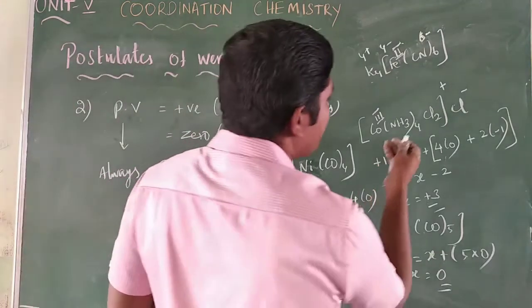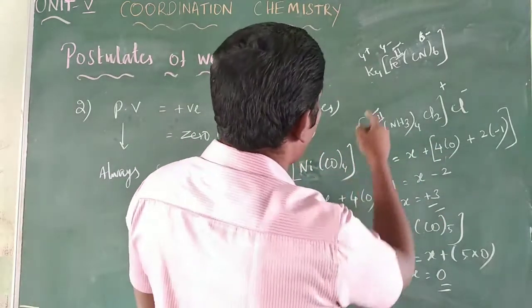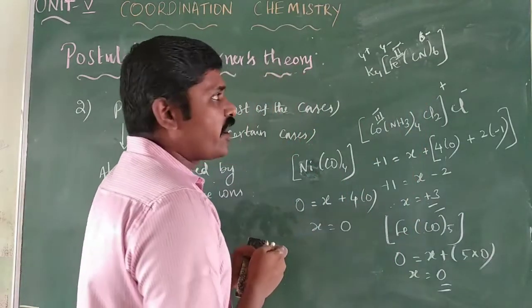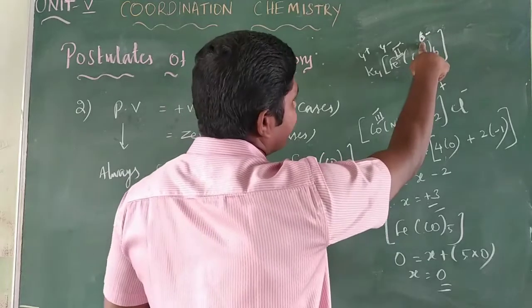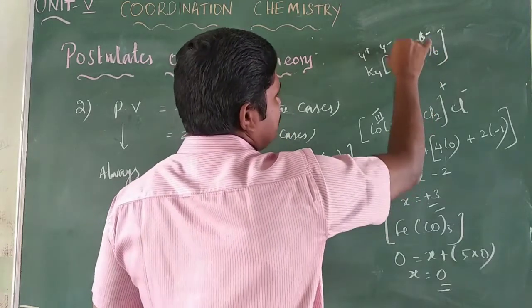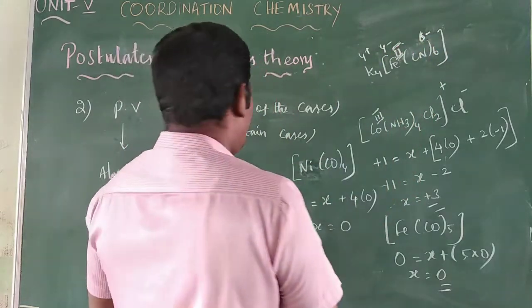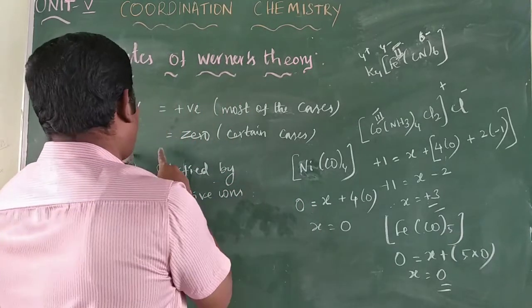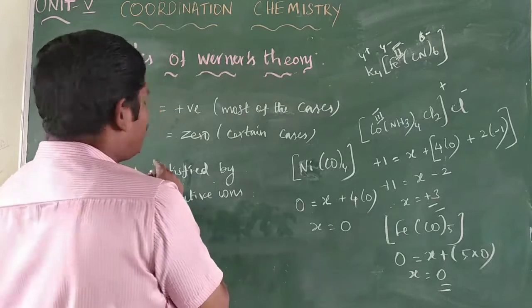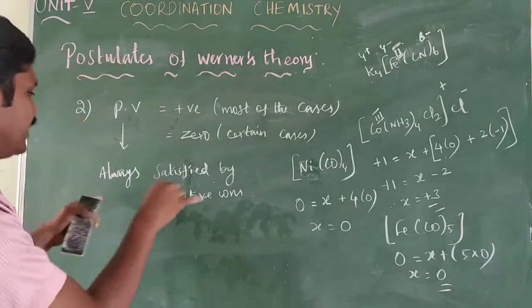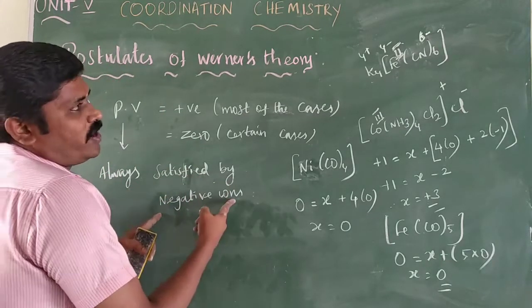So for example, in this complex, the 6 cyanide ligands carry 6 minus, so the oxidation state is +2. So the primary valency is always satisfied by negative ions.